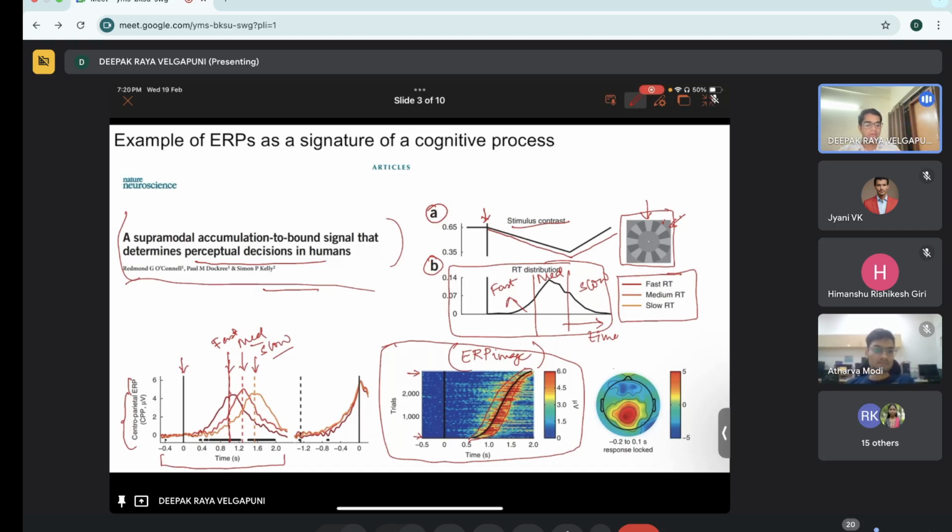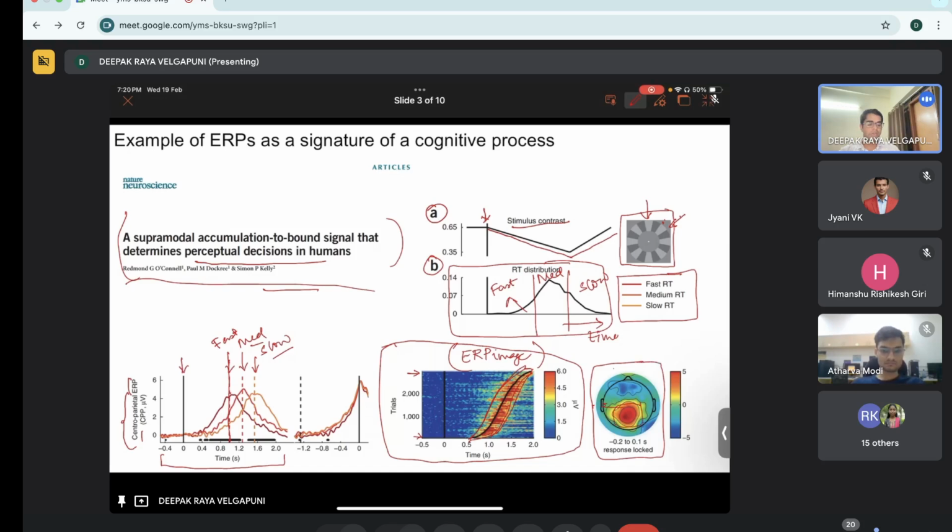And when they average for each, you get a topo plot like this. They take just this window and average and plot to see which part of the cortex is giving the most response. Instead of taking just CPP, they're doing an ERP image, and here you see that most comes from this centroparietal region.